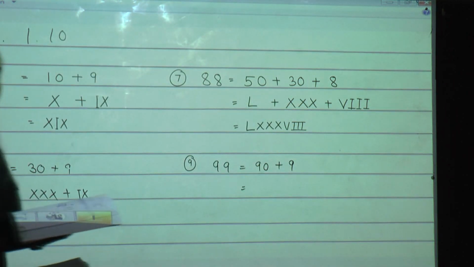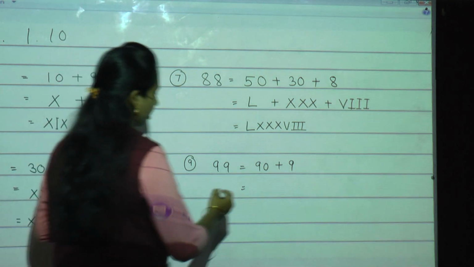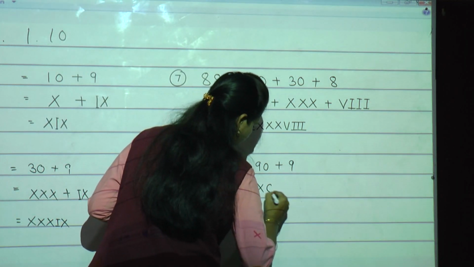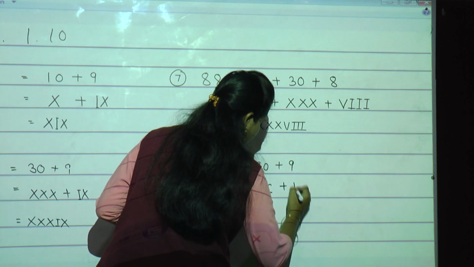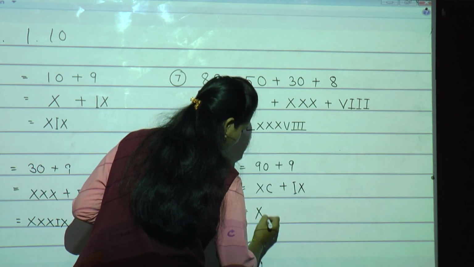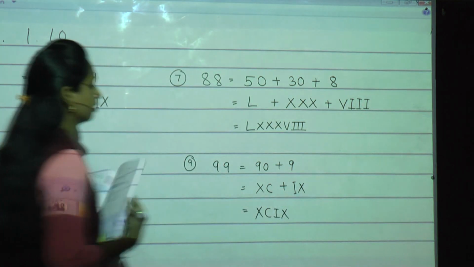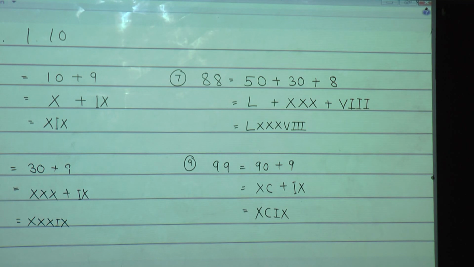So 90 we write as XC, and 9 we write as IX. So together we write XCIX. Got it? Very easy. Understood?